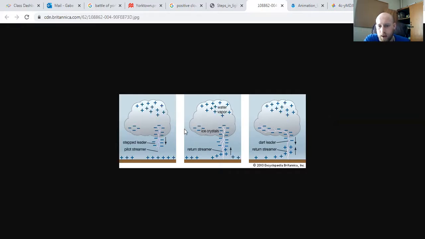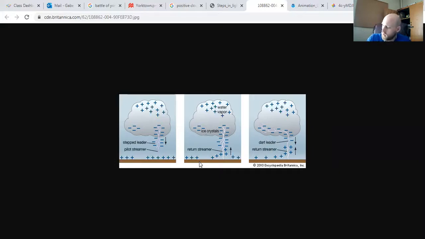And then we see here a stepped leader coming down, our positive streamer coming up, and eventually it connecting, and then we would have our positive charge going up towards the cloud in what's called a return stroke.